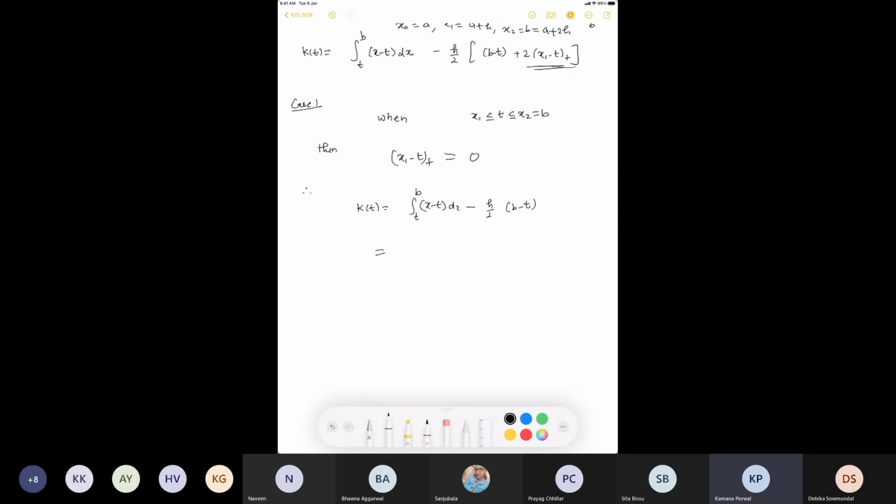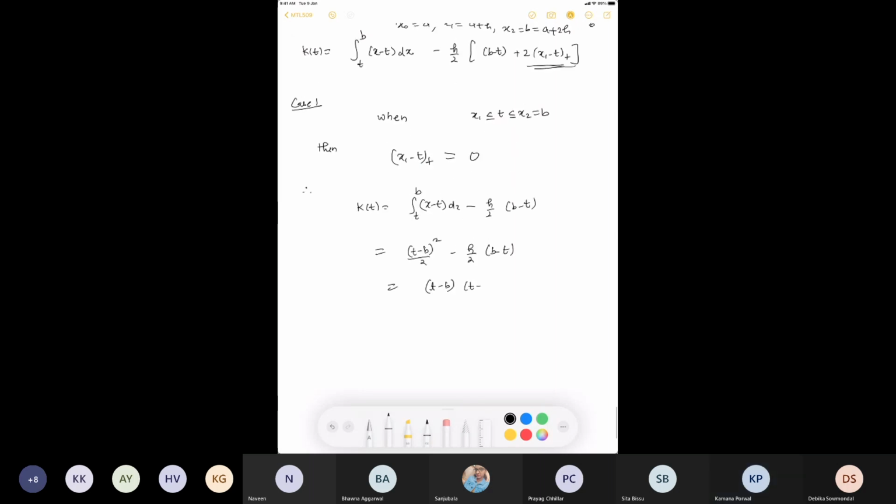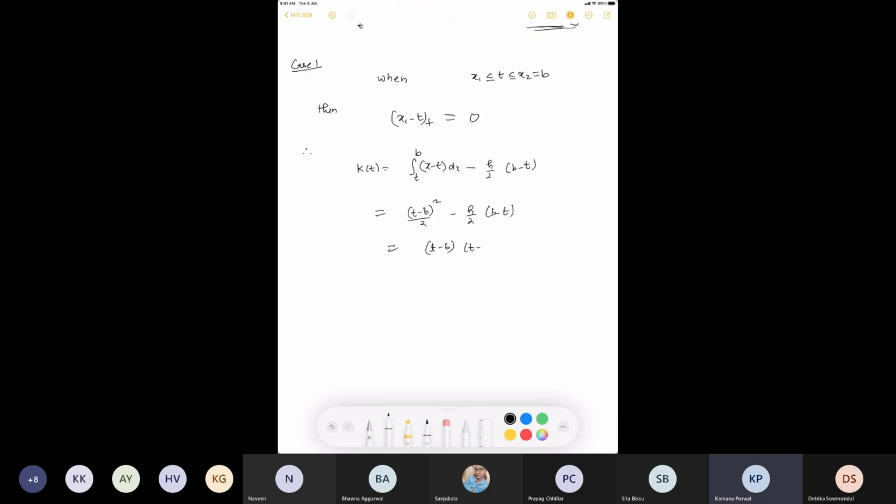So this integral is nothing but (t minus b) squared divided by 2, and upon simplifying, what we have got is (t minus b) times (t minus b plus h) divided by 2, which is (t minus x1) divided by 2. Here I have used that x1 is equal to a plus h, which is the same as b minus h. Both are the same.